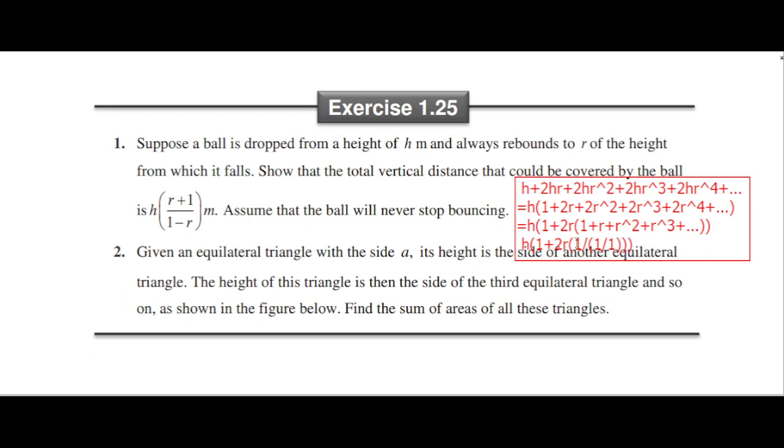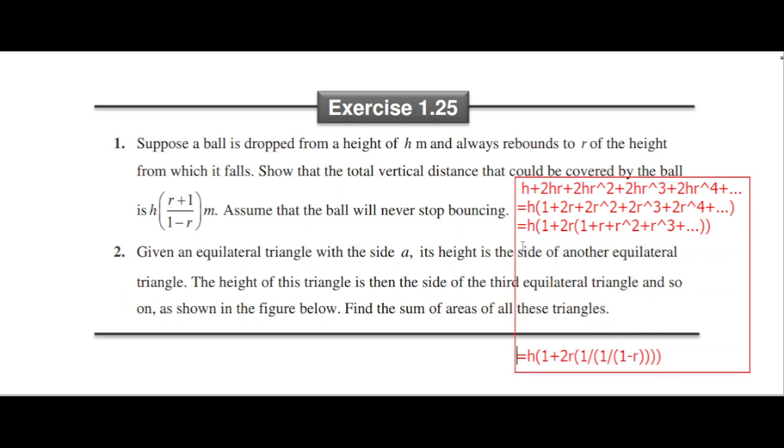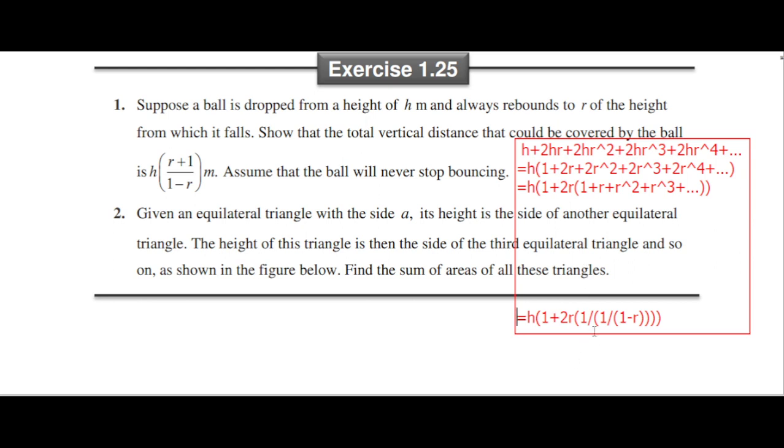Sorry, let's edit it here. 2r times 1 over 1 minus r. The bracket here is unnecessary.